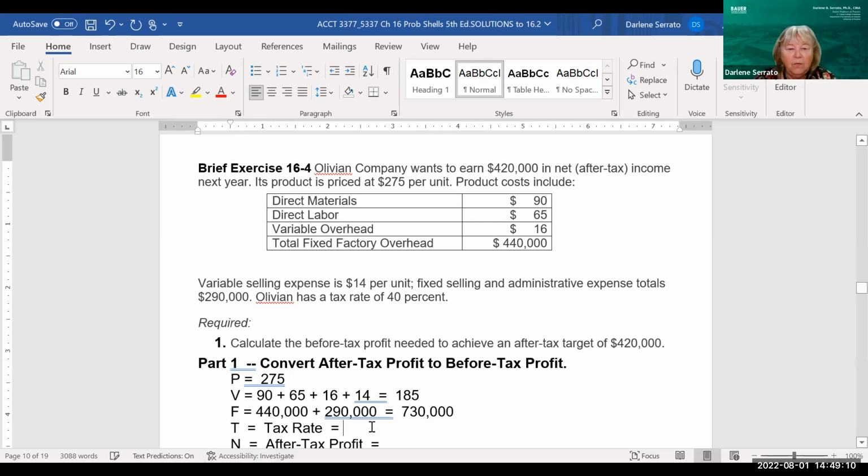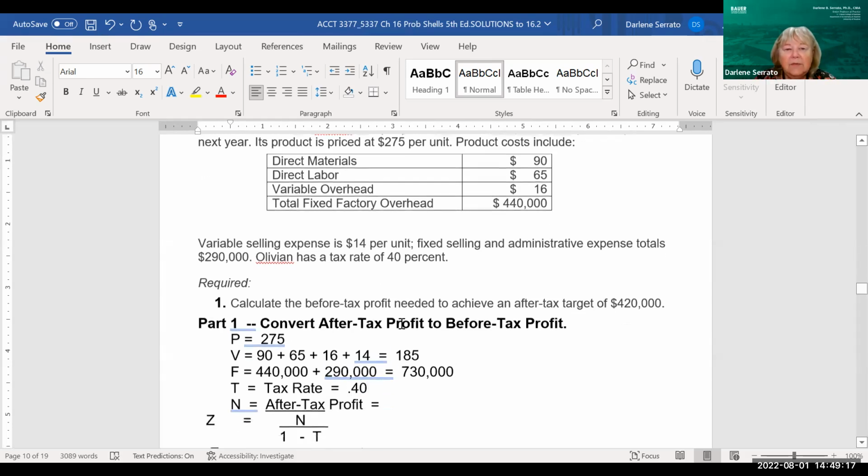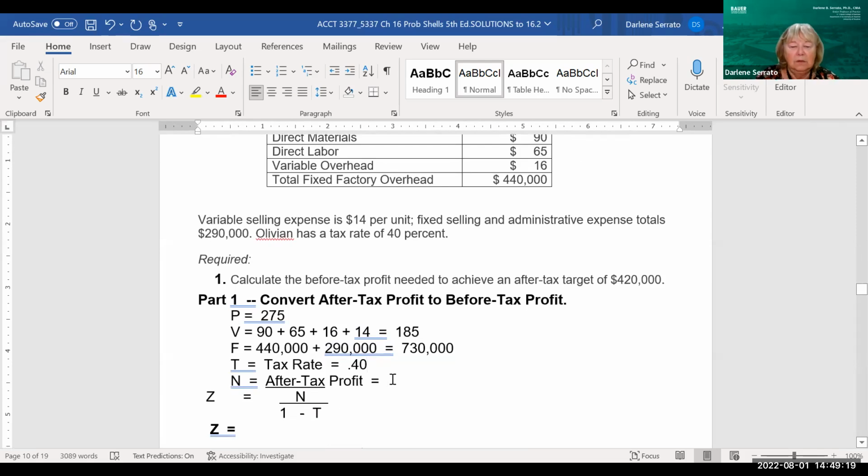The tax rate is 0.40, and the after-tax profit is 420,000.